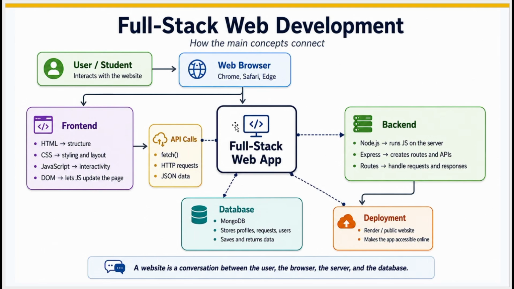That action starts on the front end, but the data has to travel to the backend and get saved in the database. Without getting saved in the database, it wouldn't work very well. So the main idea is that the front end shows and collects the information, the backend processes it, the database stores it, and deployment makes everything accessible online.